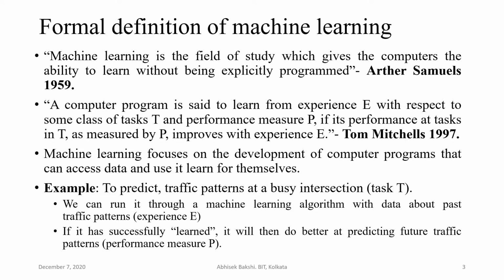He said that machine learning is a field of study which gives computers the ability to learn without being explicitly programmed. So here a very important point is given, that is the ability to learn.